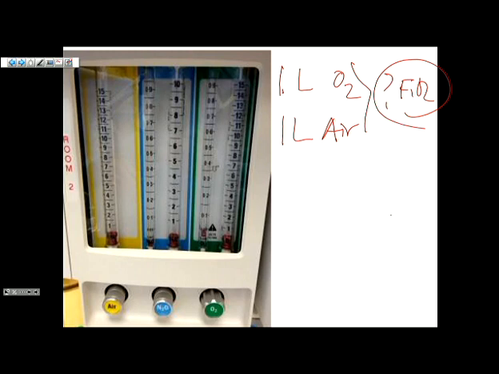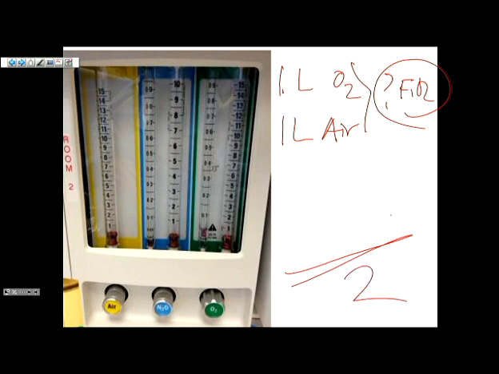Is it 50? Is it 0.5? Does everybody understand how you calculate that? What percent of my total flow? So we know the denominator here. What's the denominator? 2 liters total flow.